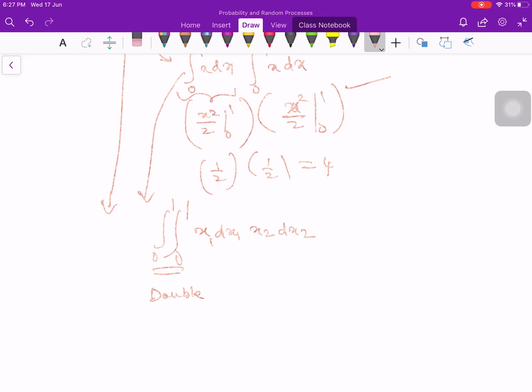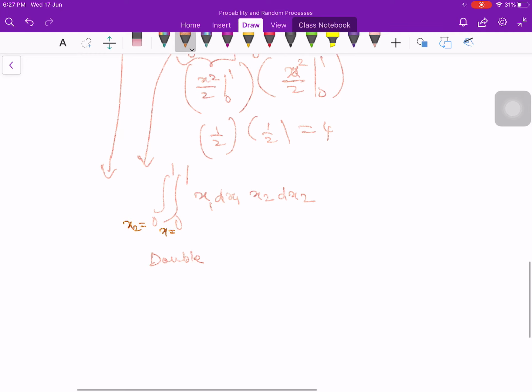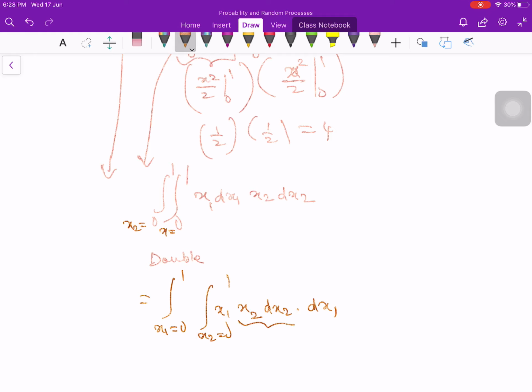Let's say this one is x1 and this one is x2. Now rearrange this: the integral of x1 from 0 to 1, the integral of x2 from 0 to 1, x1 x2 dx2 dx1. First integrate with respect to x2.